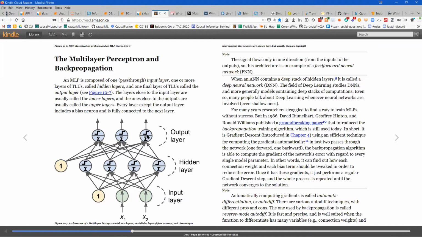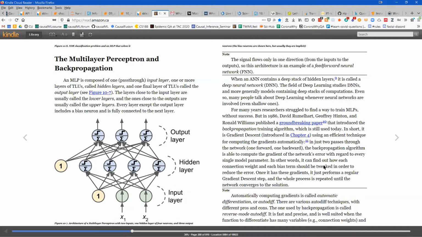The loss function is basically a function of the desired outputs and the outputs that we predicted, and if we take the derivative of that loss function, that tells us how we should adjust the weights of the hidden layer to get us closer to the outputs that we want.